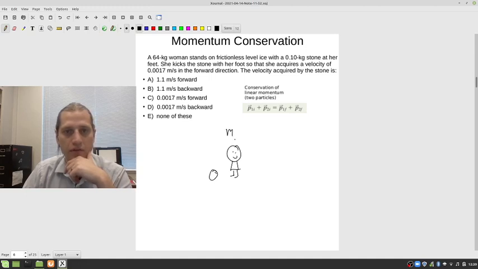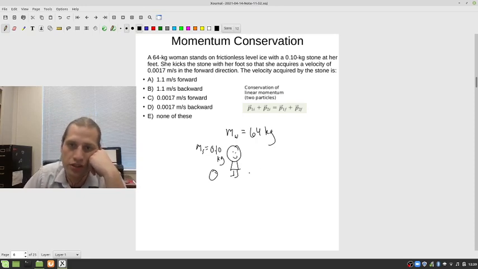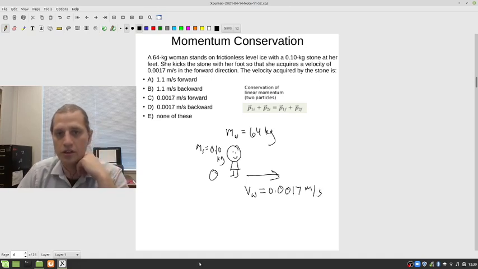The mass of the woman is 64 kilograms. The mass of the stone is 0.10 kilogram. She kicks the stone with her foot so that she acquires a velocity of 0.0017 meters per second in the forward direction.